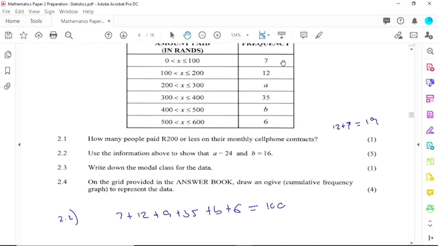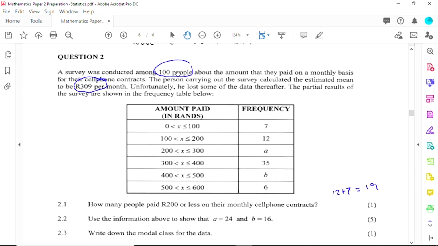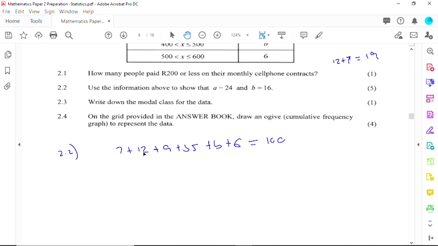So if we sum the frequency, we should get the number of people. If we add 7, 12, 35, and 6, we get 60 plus A plus B is equal to 100, which implies that A plus B is equal to 100 minus 60, which is equal to 40. You can call that equation 1.